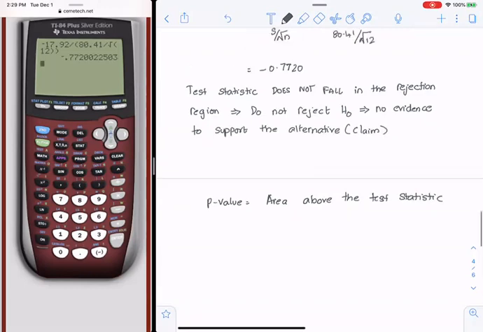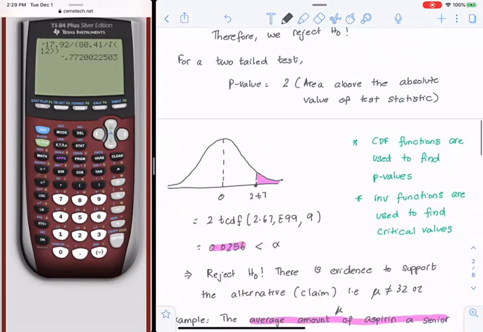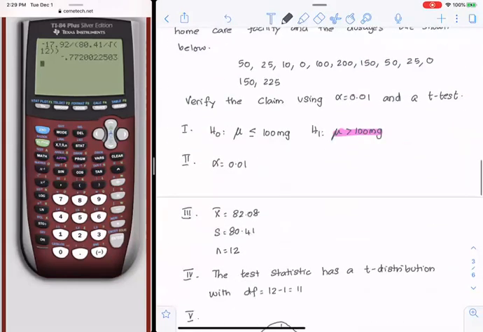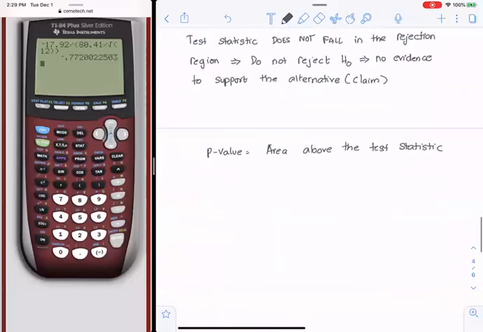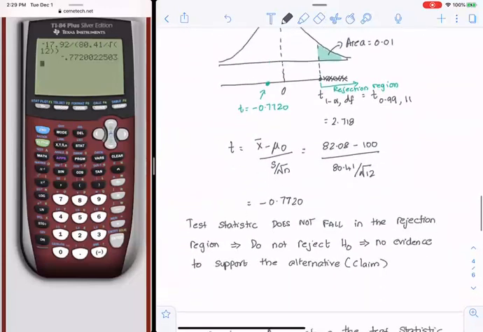And for a two-tailed test, it is 2 times the area above the absolute value of the test statistic. So we still are going to use the TCDF function. So TCDF, it is the area above.